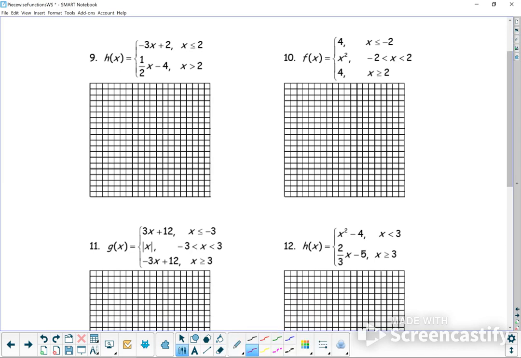Okay, this one. Let me do my x and y axis again. Actually, I'm going to do a little better one. So that's my y. That's my x.